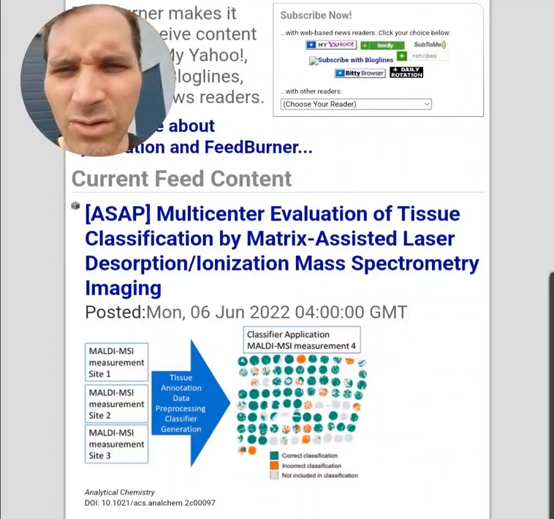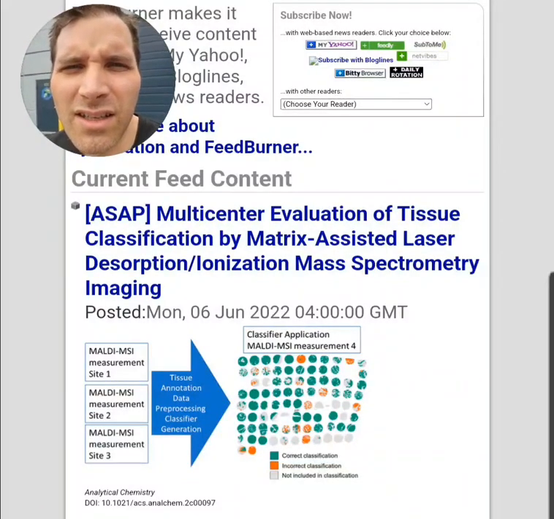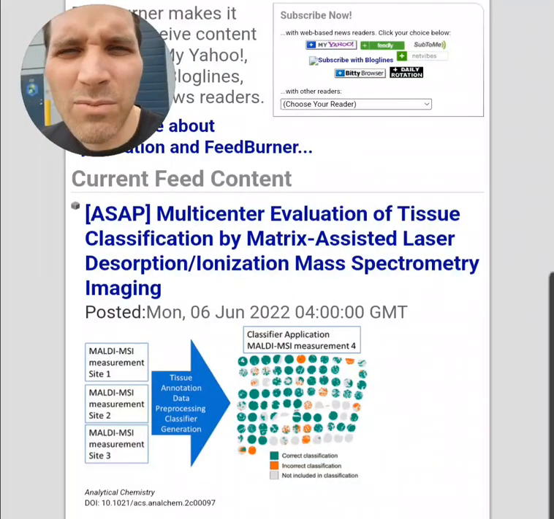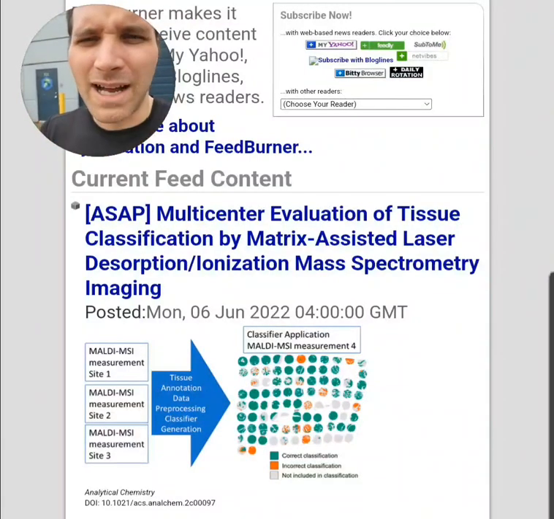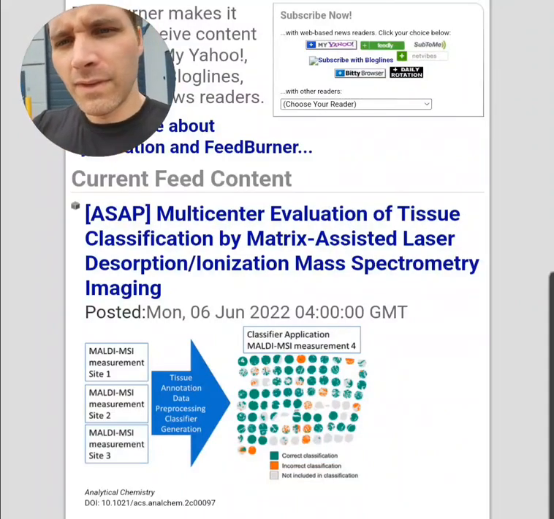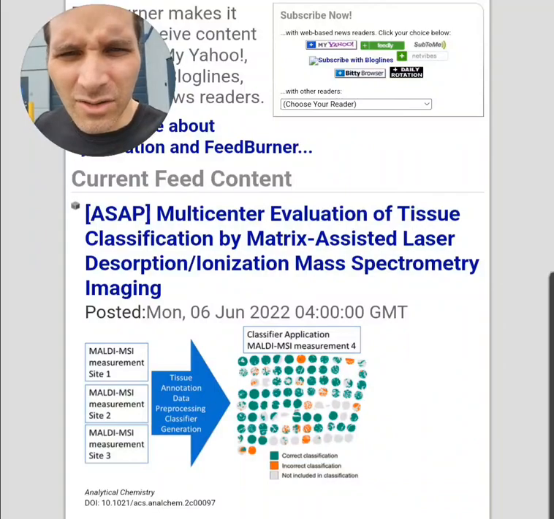So it looks like they're trying to translate tissue classifications into something that's readable by MALDI mass spec imaging. So they raster across the sample using MALDI, and they get a spectrum at each point in it. So it's an evaluation type of paper.